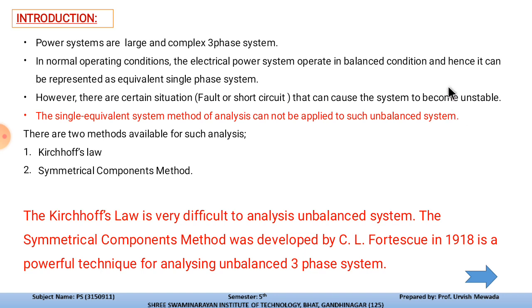So for that unbalancing, we need to apply certain methods to check the condition of the fault. There are two methods available for such analysis. The first method is Kirchhoff's law, and the second method is the symmetrical component method.